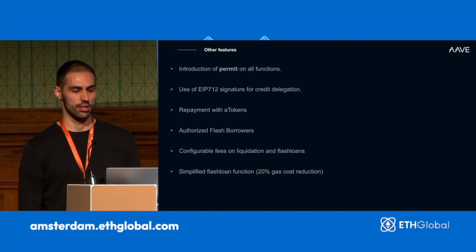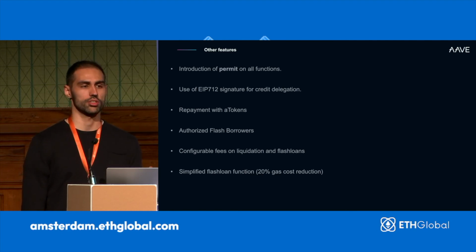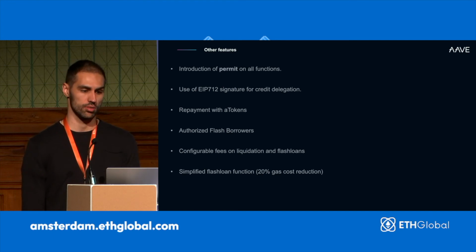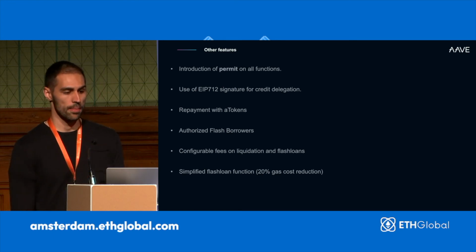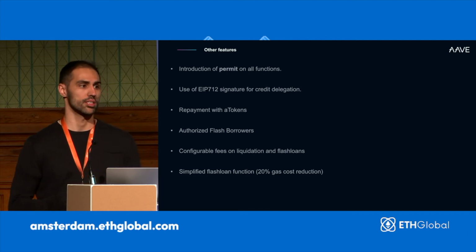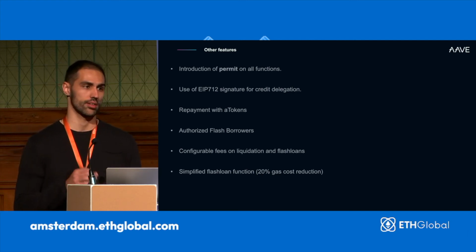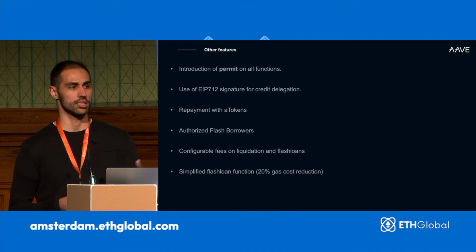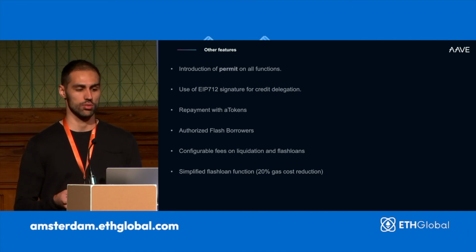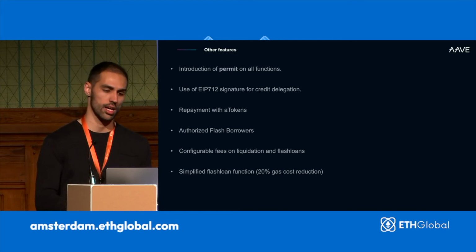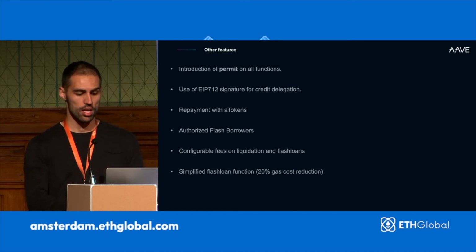Also, there is the introduction of the permit function and EIP 712 to the credit delegation function, and also the introduction of a simplified version of the flash loan function with a reduction of 20% of gas costs. This is only in the case that the user wants to flash loan one asset instead of a set of assets.